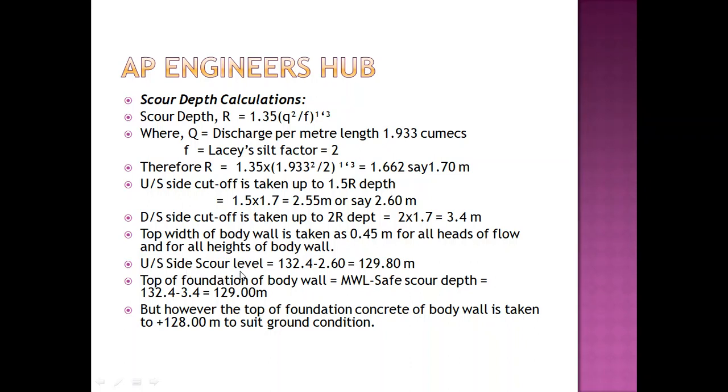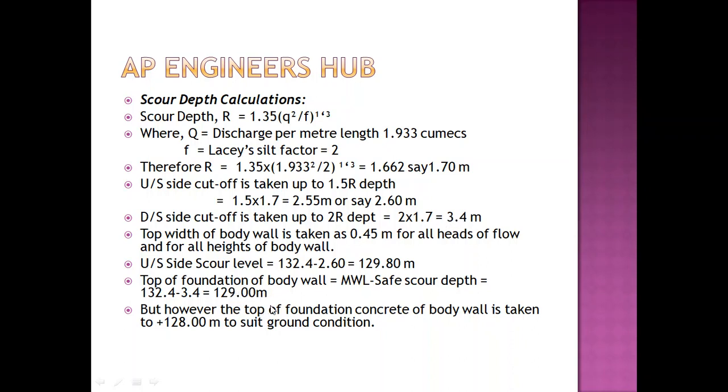Upstream side cover level is equal to 132.4 minus 2.6, that is MWL minus 2.6, equal to 129.8. Top of foundation of body wall is equal to MWL minus the safe cover depth: 132.4 minus 3.4. Since 3.4 is the larger depth, we have taken 3.4 meters.